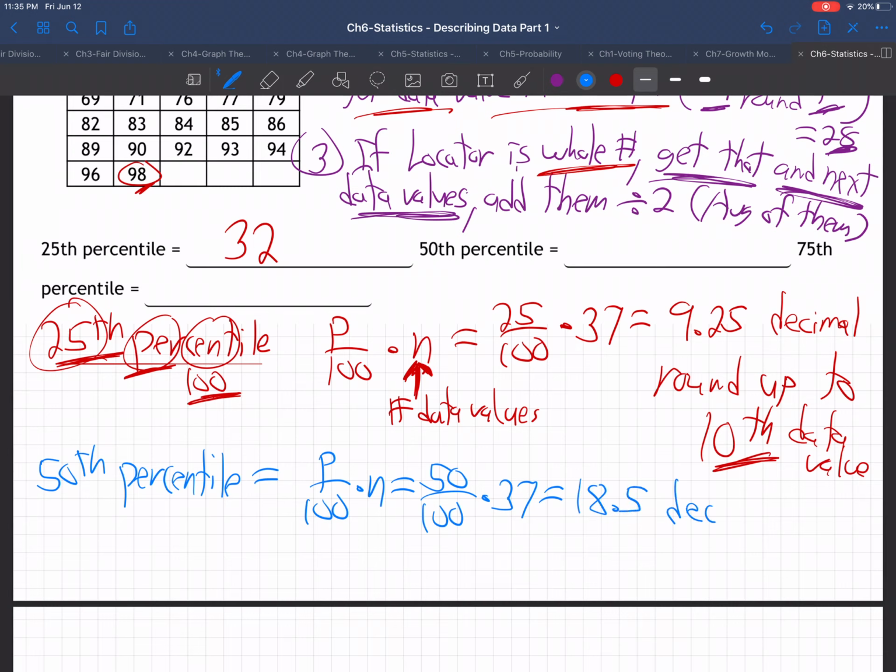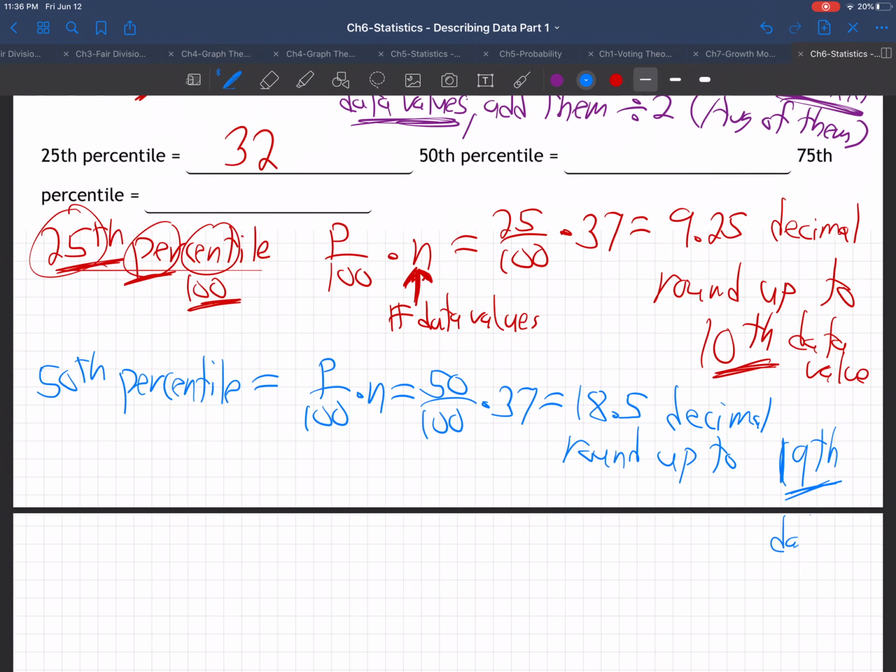That for sure is a decimal. What do we do with decimals? Round it up to 19. Even if it was 18.1, I would round up to 19. Up means up, not closest. So we have to go find the 19th data value.